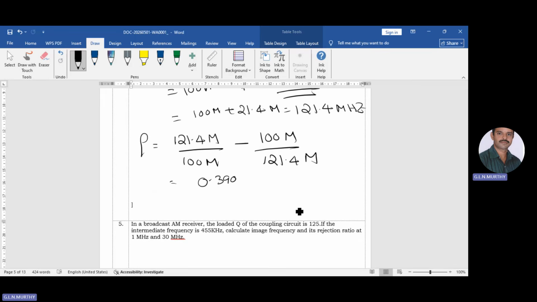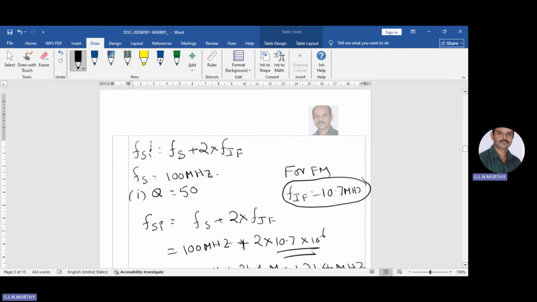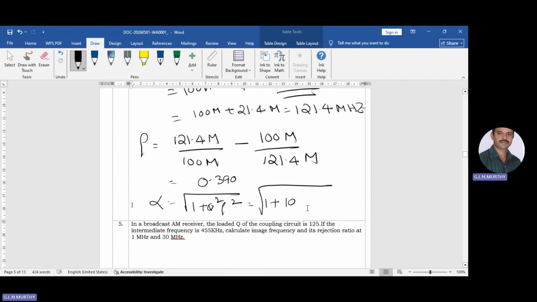Then alpha equals root of 1 plus Q square rho square. So root of 1 plus, what is the Q value in the first case? Q value is 50.